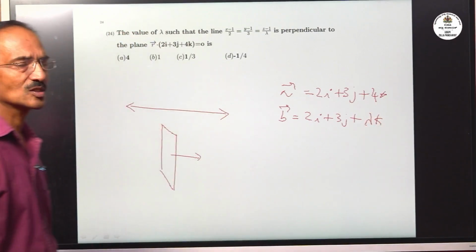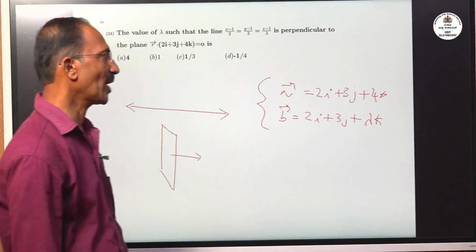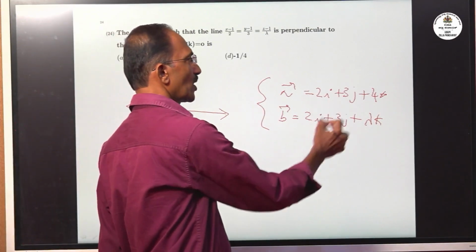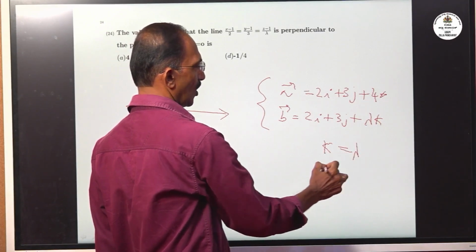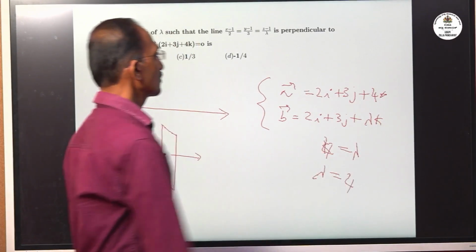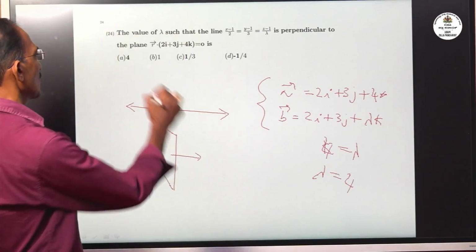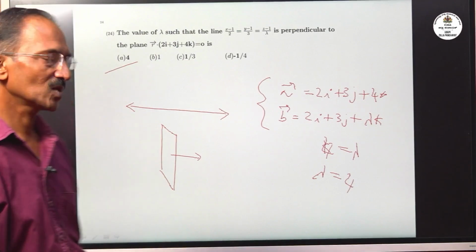So these two vectors should be parallel. So comparing, 2 equals 3 equals 4 must be equal to lambda, so lambda must be equal to 4. So that line is perpendicular to the plane.